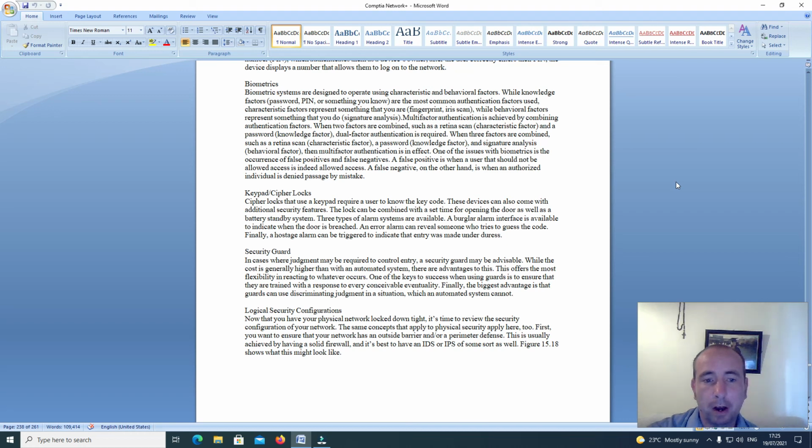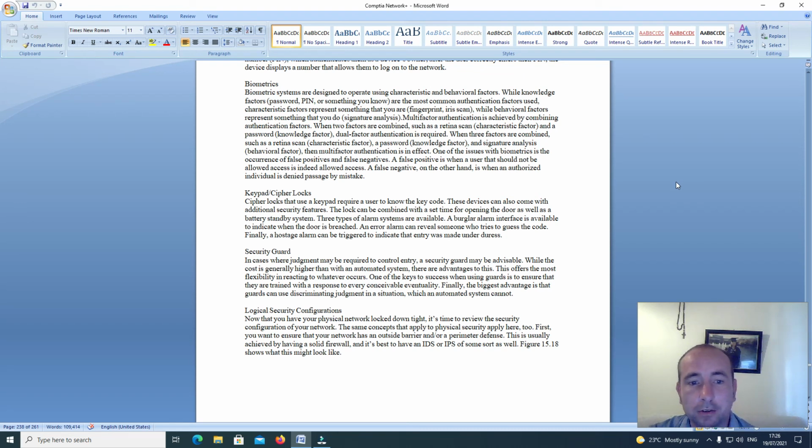Biometrics. Biometric systems are designed to operate using characteristics and behavioral factors, while knowledge factors (password, PIN, or something you know) are the most common authentication factors used.